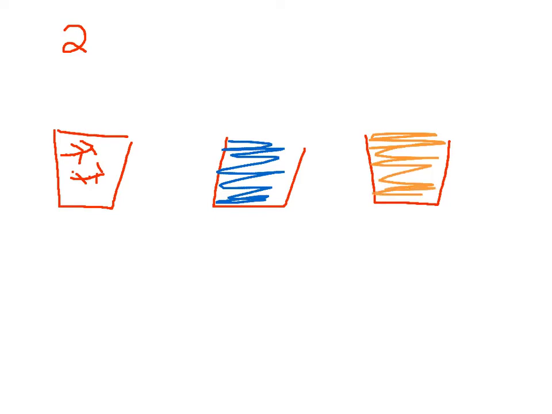Again, they're all the same size, but the bucket of feathers has the least mass, so the smallest mass. The one with the water has the middle amount of mass, and the one with the gold has the largest mass. And again, it's the same illustration of what I talked about in number 1.